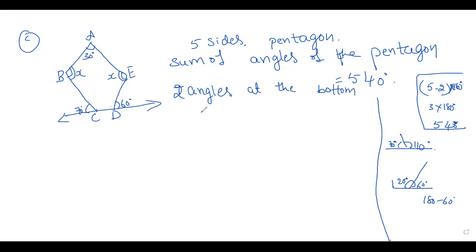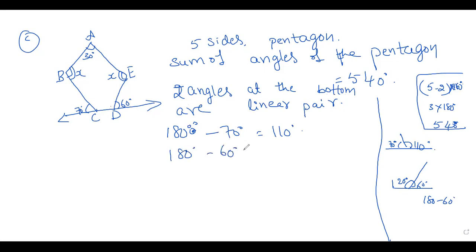So this is just for your reference, children. Bottom or linear pair. So how can you write this, children? So 180 minus 70, that is equal to 110 degree, and 180 minus 60, that is 120 degree.